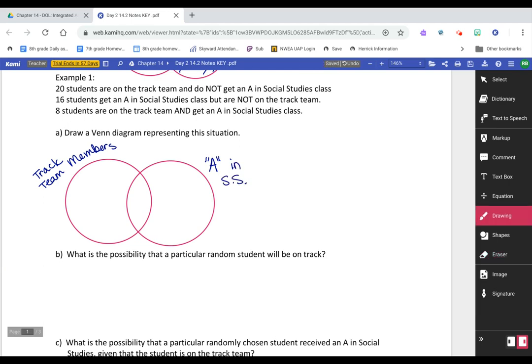So when we fill this in with the numbers, we have 20 students that are on the track team that do not get an A. So they go into the left portion of this Venn diagram. On the right portion, we have 16 students that are getting A's, but they are not on the track team. And then those 8 students that are on the track team and get A's go in the middle because they're part of both of the circles.